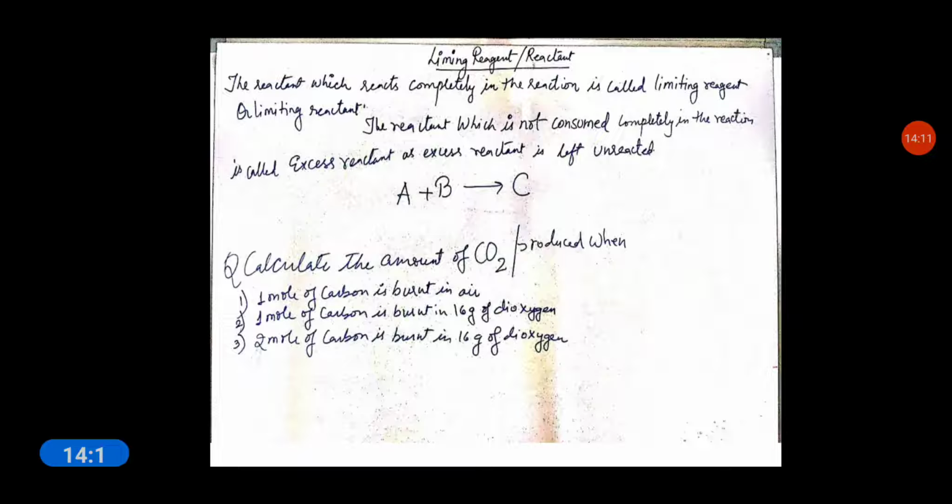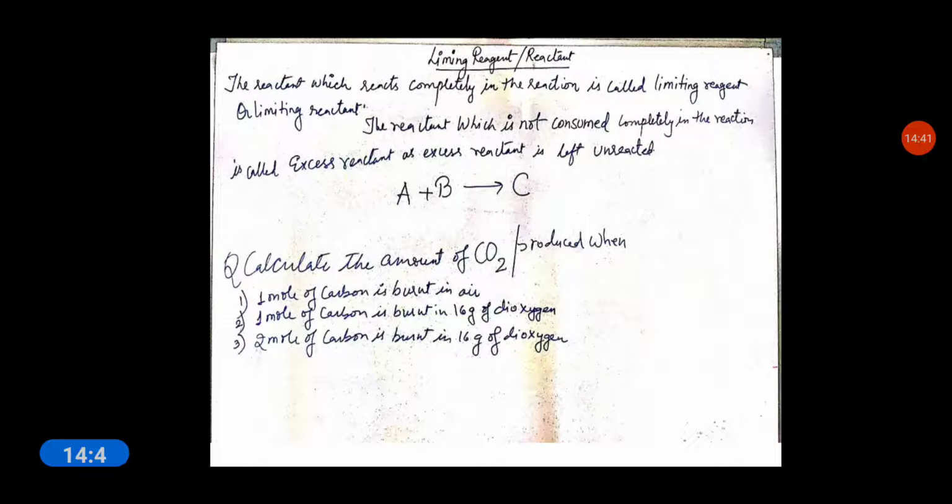Now the last topic is the limiting reagent or the limiting reactant. Quite often, one of the reactants is present in a larger amount in the reaction than required according to the balanced equation. The amount of product formed depends upon the reactant which has reacted completely.